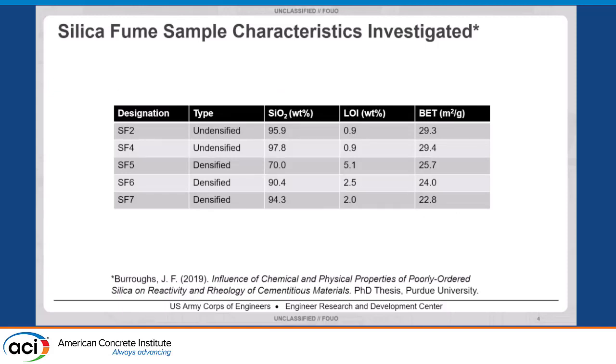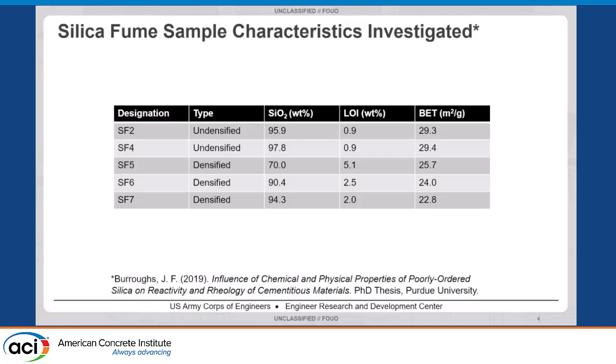What I am showing you right now is 5 different types of silica fume samples, and these samples came from Dr. Jedediah Boros' PhD thesis. If you like, you can go online and find his thesis. He tested all of these in the lab. He did a bunch of different tests on those, and these samples differed from each other based on the silica weight percent content, loss on ignition (LOI) percent content, and then the surface area.